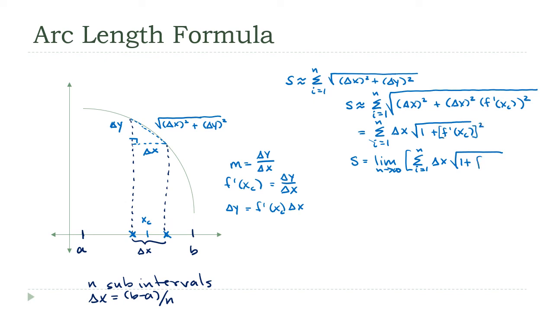So this is 1 plus f prime of x squared. And of course, this is the limit as n goes to infinity. That's our integral. So this is the integral from a to b of the square root of 1 plus f prime of x squared dx. And there's my formula. That's the formula we're going to use to find the arc length of a function.